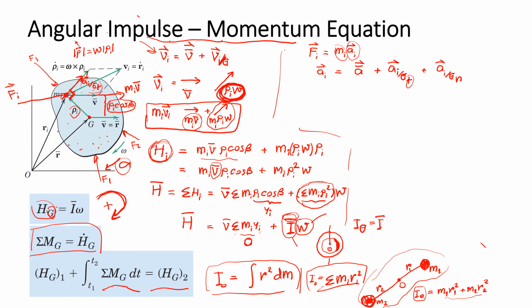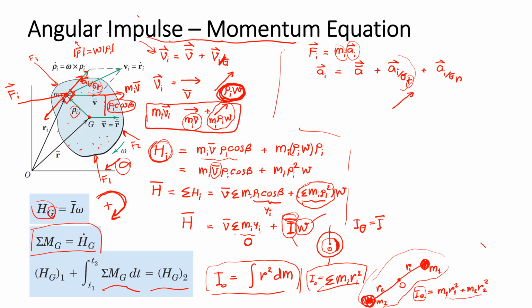If alpha is counterclockwise, the direction of the tangential acceleration will go downward, but still perpendicular to the radius.